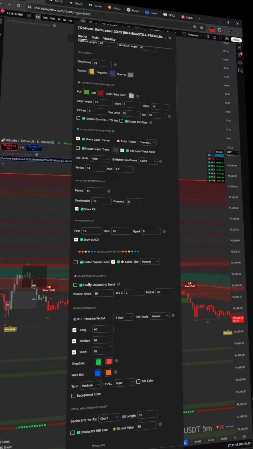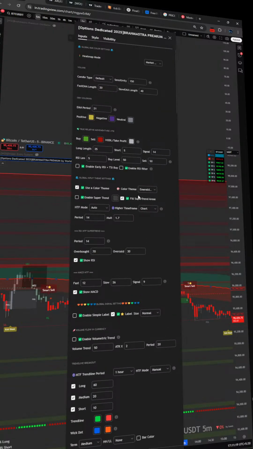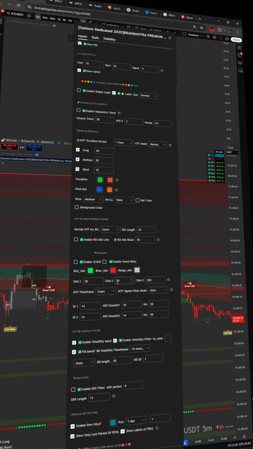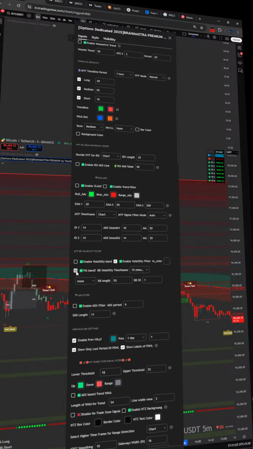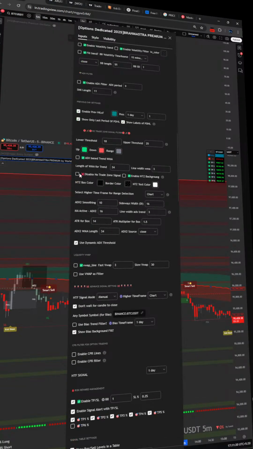Let's remove this filter. Where is it? Let me disable this filter. And I will try this on the 15-minute chart. Let me try to implement the no trading zone on the 15-minute chart.